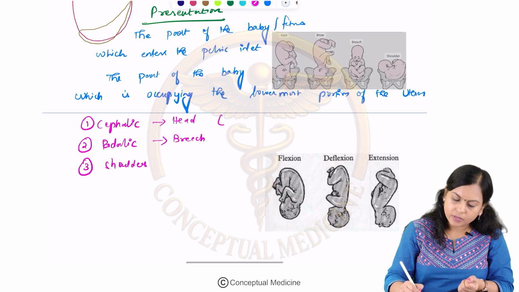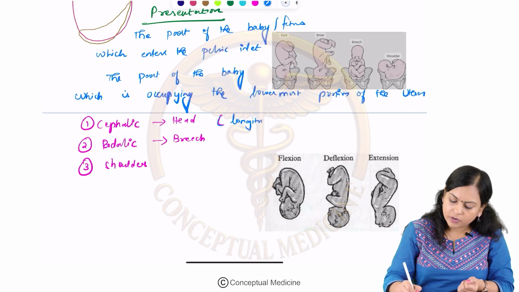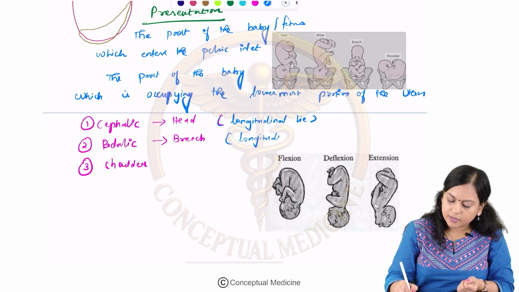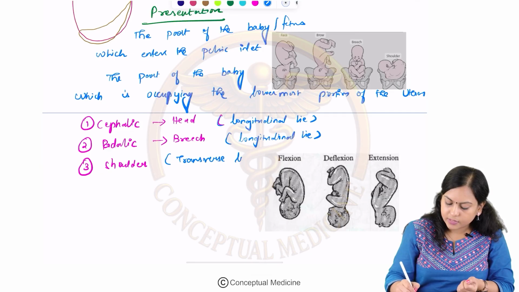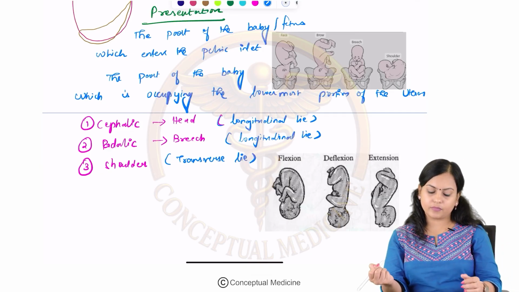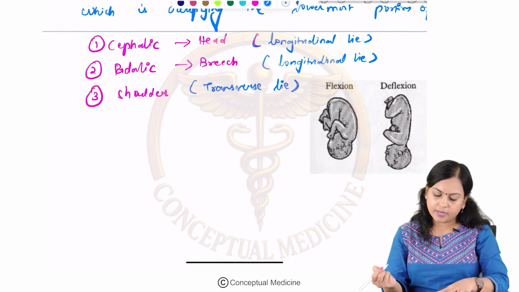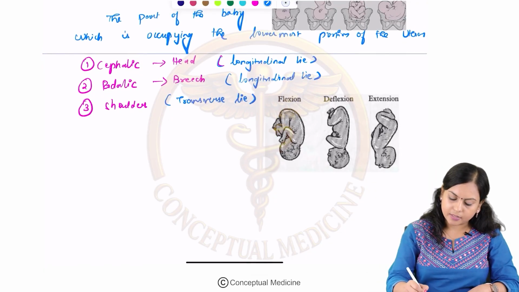Okay. So here tell me the lie. Cephalic presentation is a longitudinal lie, right? Podalic presentation is also occurs in a longitudinal lie, whereas shoulder presentation occurs in a transverse lie. Okay. Next we will see the presenting part.